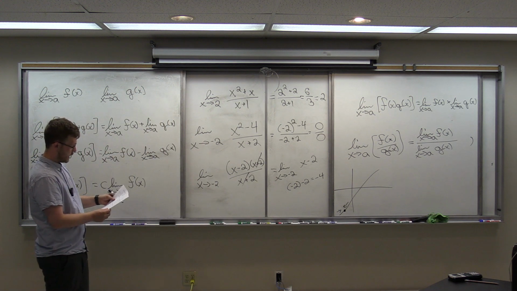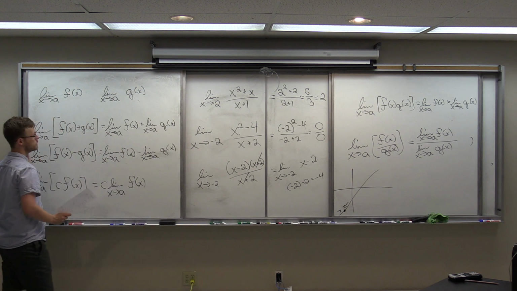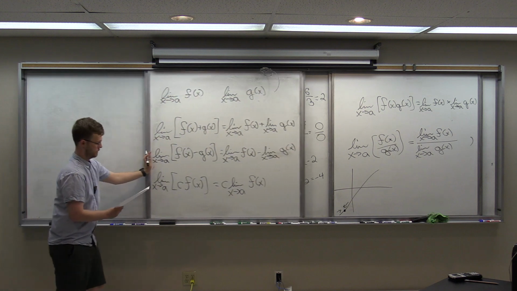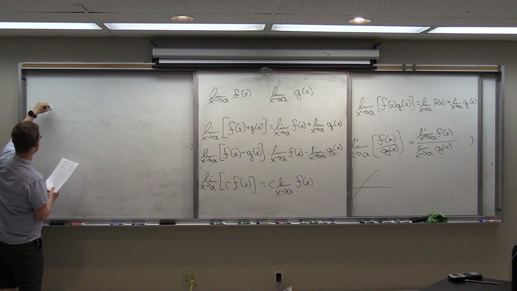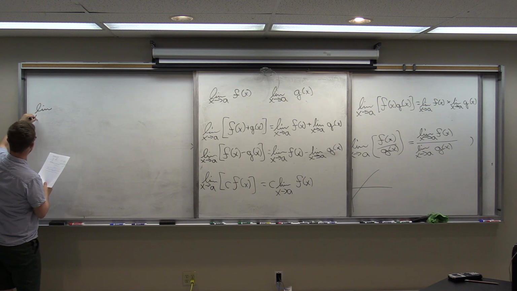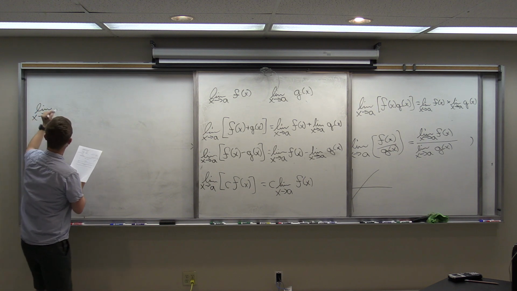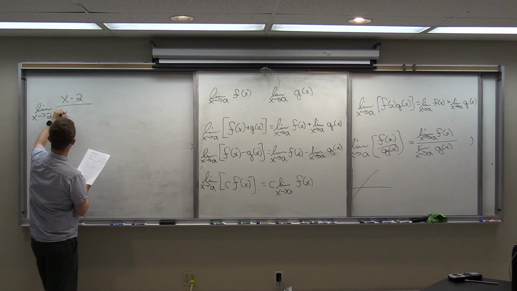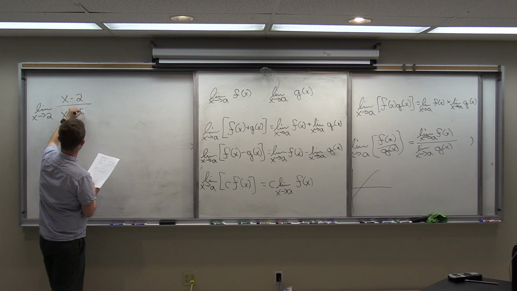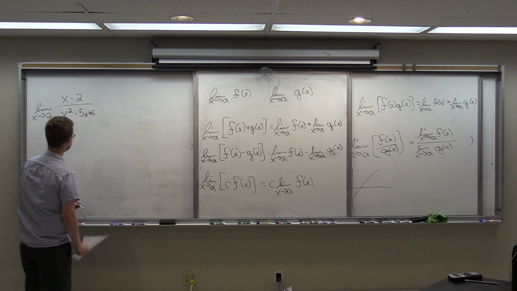Okay, and our last example is going to be the limit as x approaches 2 of x minus 2 divided by x squared minus 5x plus 6.